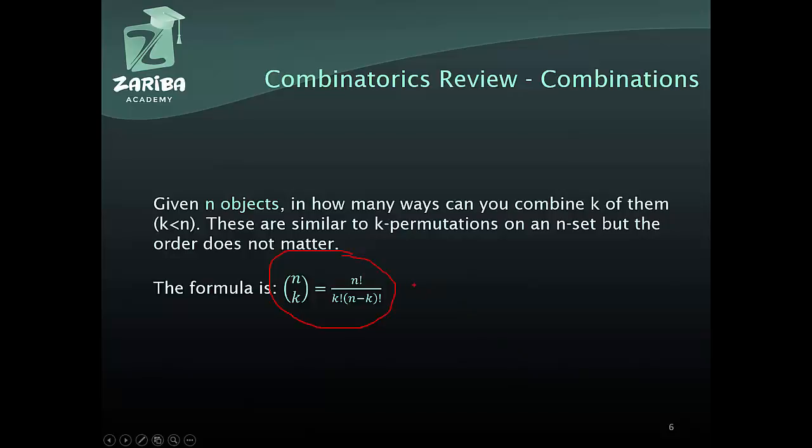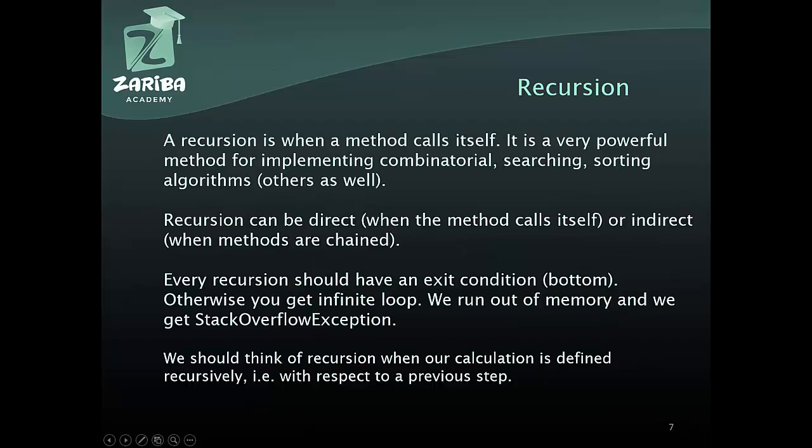Or another way that you can calculate it is P(n, k) over k factorial, or n falling k divided by k factorial. But that's just a calculation that we're not going to care about in this specific lecture. All right, so let's talk a little bit about recursion.